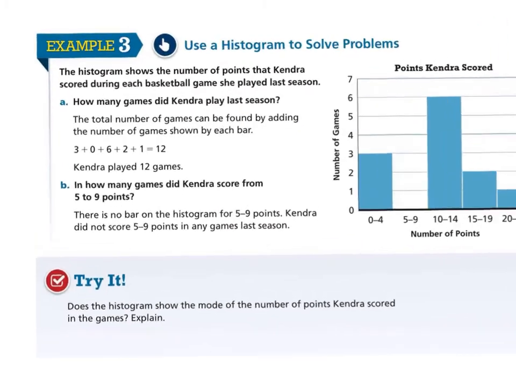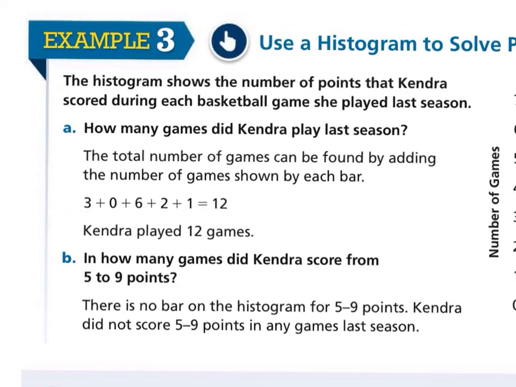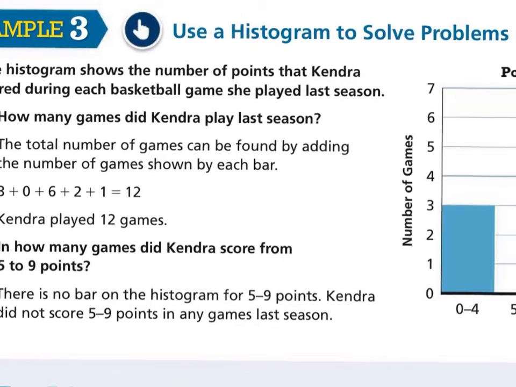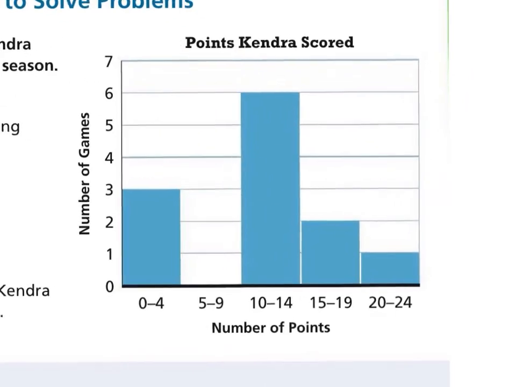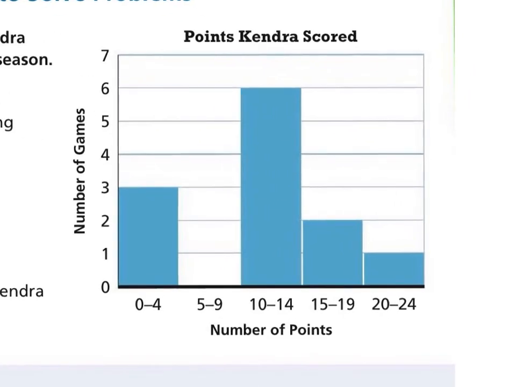Example 3, the histogram shows the number of points Kendra scored during each basketball game she played last season. How many games did Kendra play last season? So if you look at this, you can see how many times she scored a certain number of points. There were 3 games that she scored between 0 and 4 points, 6 games she scored from 10 to 14, 2 games she scored 15 to 19, and 1 game she got 20 to 24.